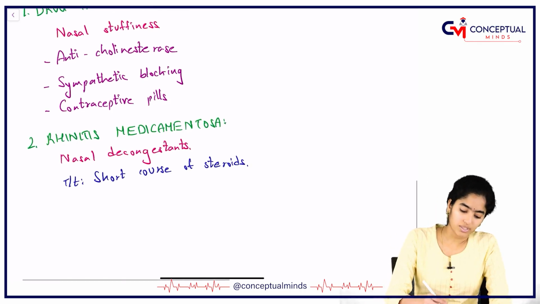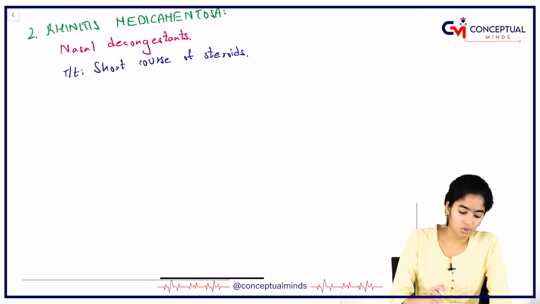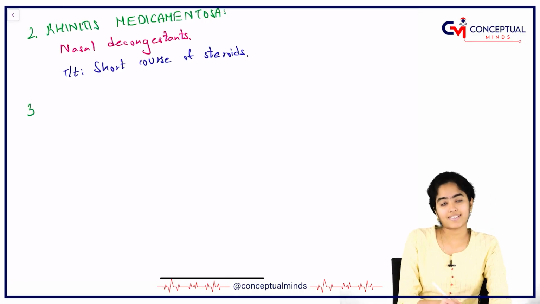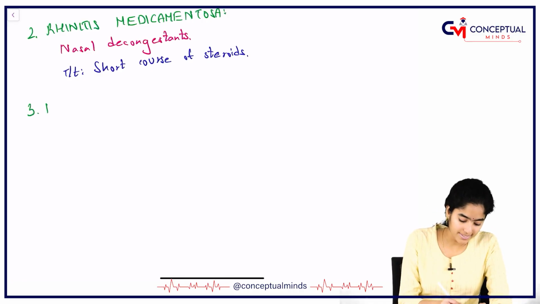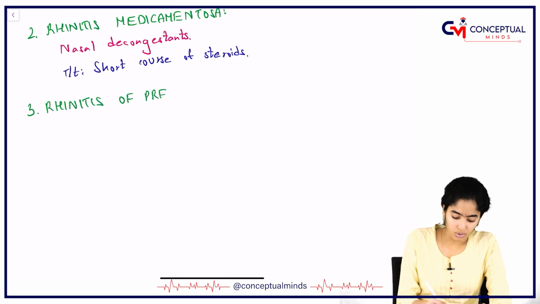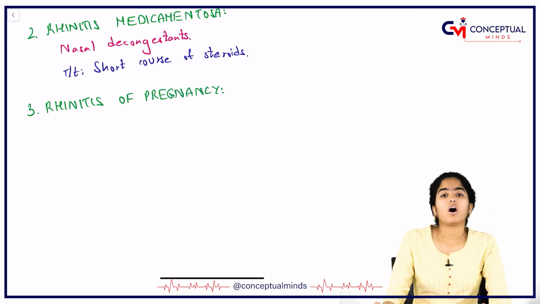Now let us move on to the next special type of rhinitis, and that is rhinitis of pregnancy. As you all know, during pregnancy, there is hormonal imbalance in the body. A variety of hormones are rising, certain levels are falling.